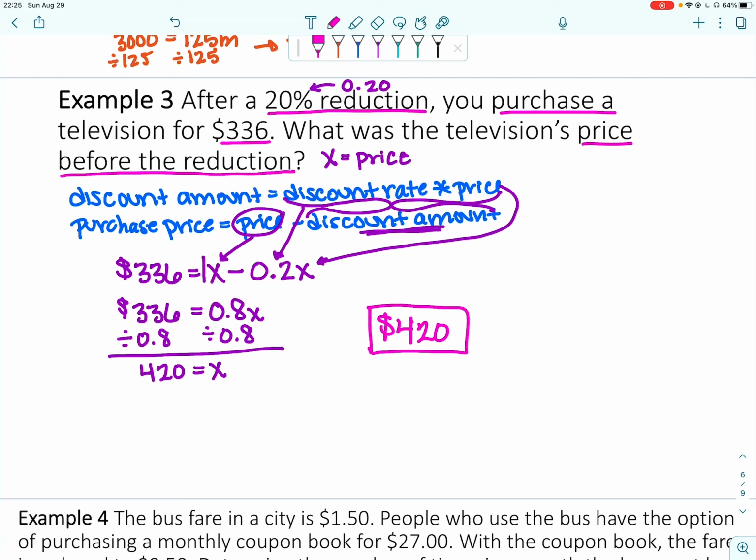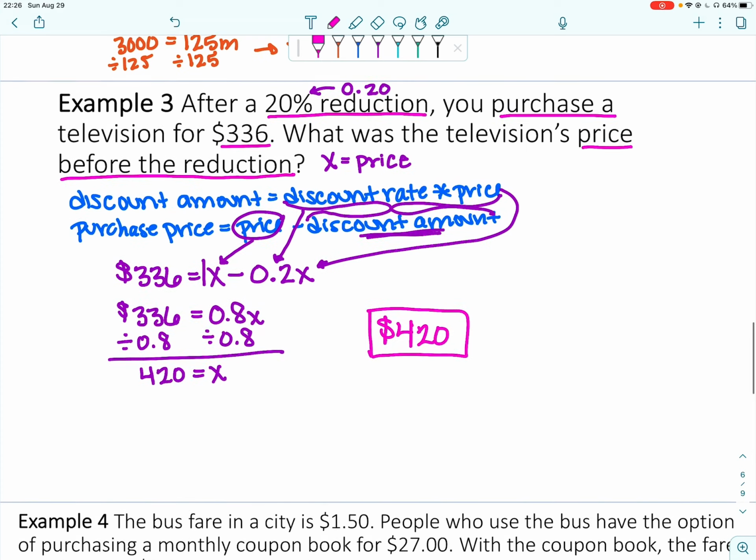If my answer was smaller than 336, something would be wrong, because my answer is supposed to be the price before the discount. So it needs to be bigger. That's one quick way that you can ask yourself, does this answer even make sense? 420 is before the discount, so it should be bigger than 336. Is it? Yes, it is.